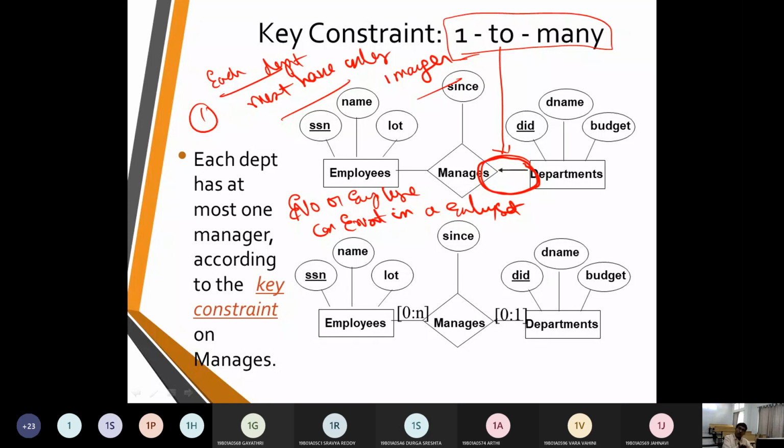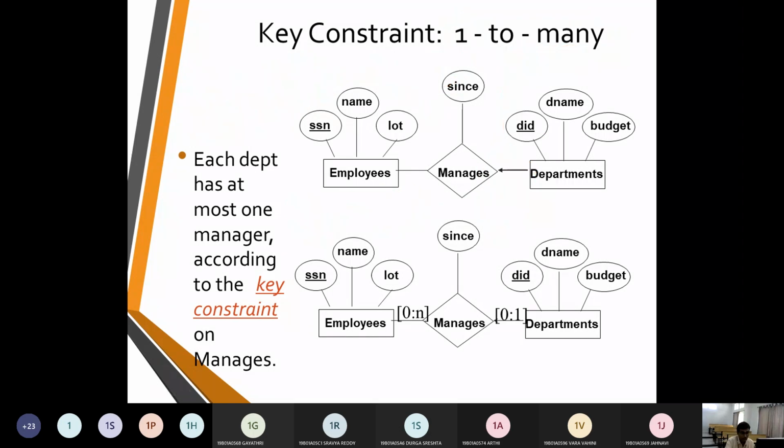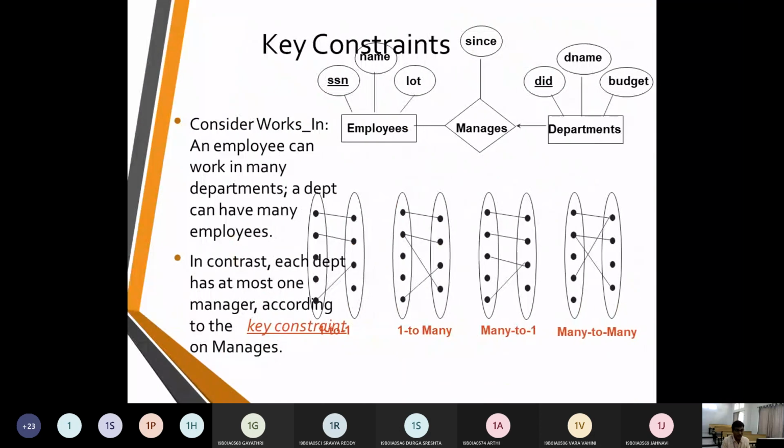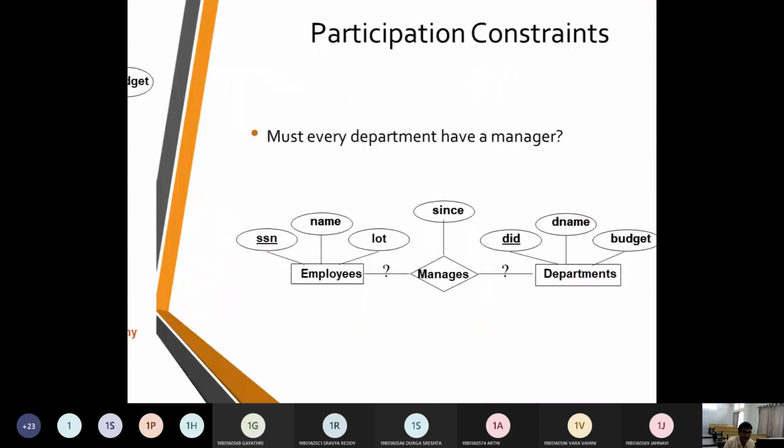Only one. Tomorrow, there can be 35 employees. Another day, there can be 50 employees. But the employees' supervisor, the HOD, will be only one. That means every department will have only one manager. This relation we call a one-to-many relation, and it is pointed out with an arrow mark. That is what we discussed as a key constraint.